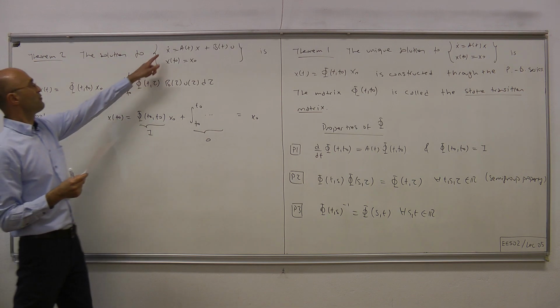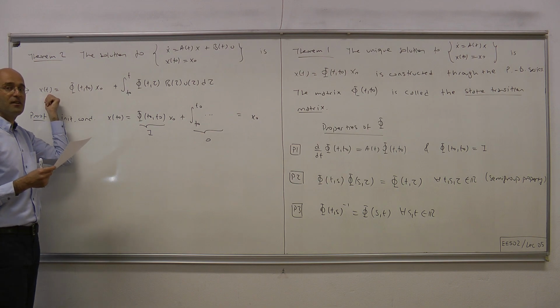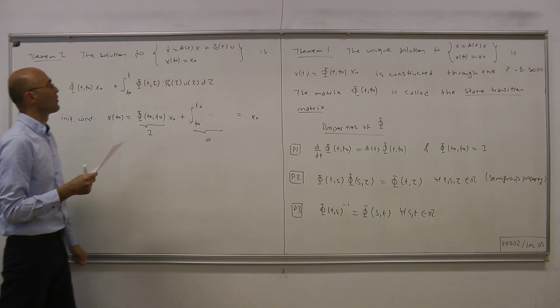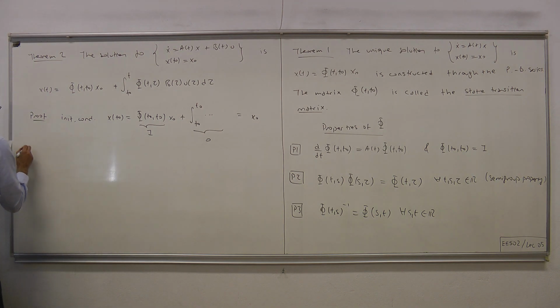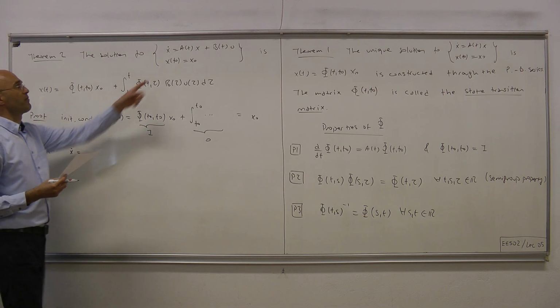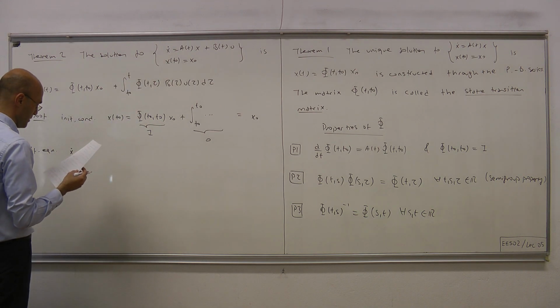As for the differential equation constraint, what we have to do is take this candidate and compute its time derivative. So x dot is, by definition, differentiation with respect to t. So let's differentiate with respect to t.